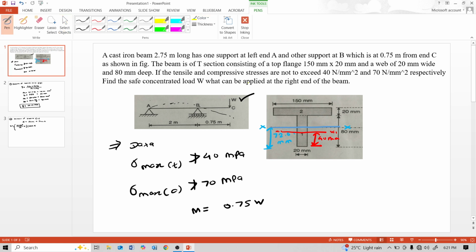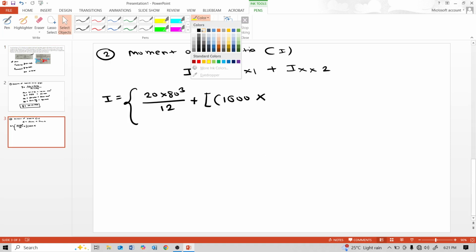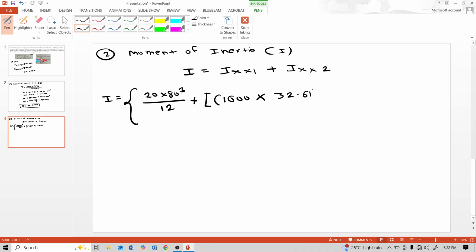This distance is 72.61 minus 40 mm, which is 32.61 mm. With the help of the parallel axis theorem, we calculate the moment of inertia for this T section.